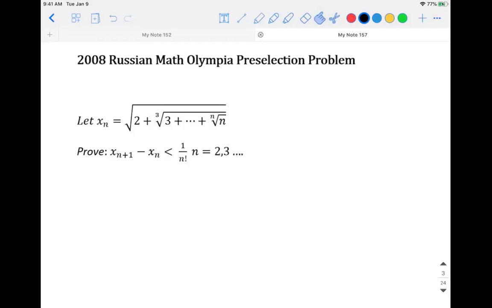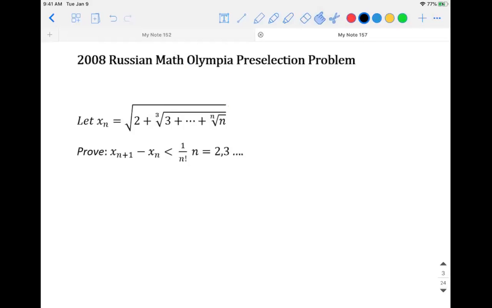It's good enough. Okay. I actually think the most important thing about this problem is the construction. You set the variable A_i, where x_n goes from 2 to n, so like square root of 2 plus cube root of 3 plus fourth root of 4.